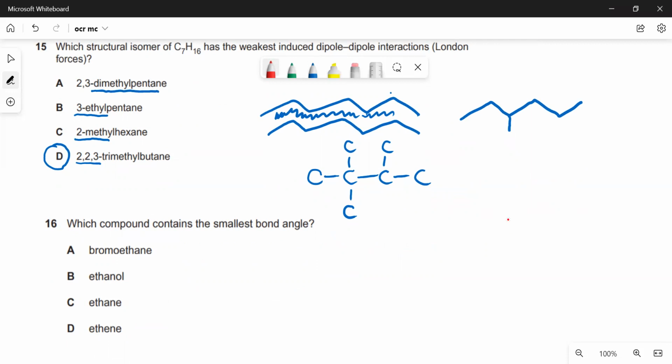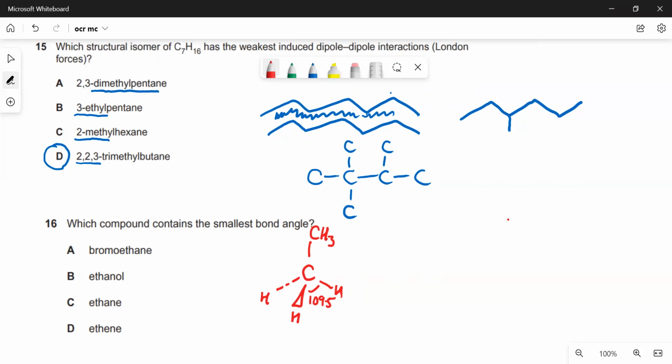So the smallest bond angle we're going to have is with a tetrahedral carbon. Let's draw ethane there. You can see that all the bond angles are going to be 109.5, aren't they? All of those compounds have carbon in, so they're all going to have 109.5.